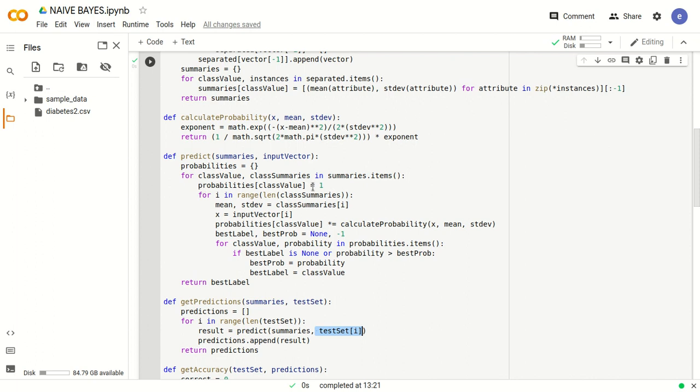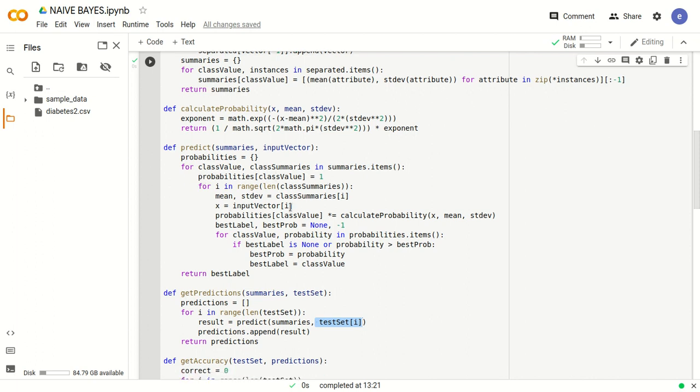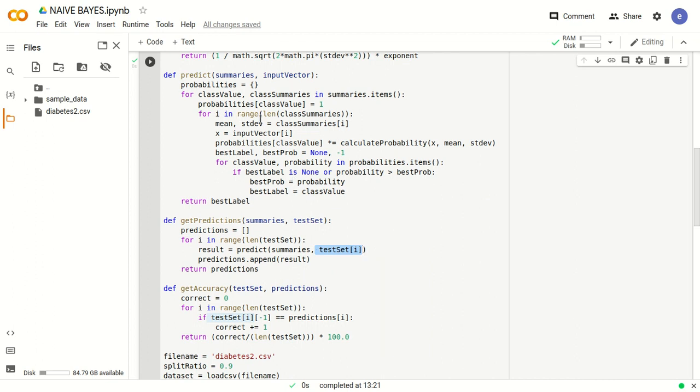Initially we just assume that the probability of the class value is 1. Then we have a for loop which will go through the entire dictionary, that is class summaries. Summaries.items will return class values and class summaries. So it will traverse the class summaries and extract the mean and standard deviation. Then it will pass mean, standard deviation and the data value to this calculate probability function.